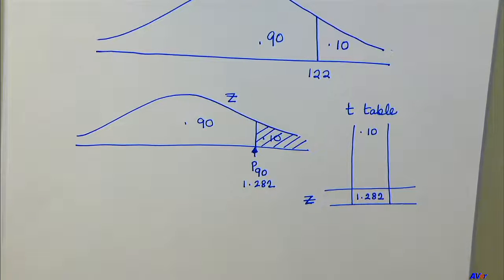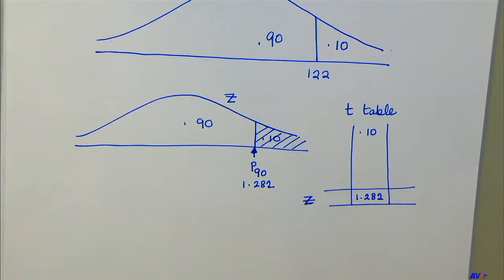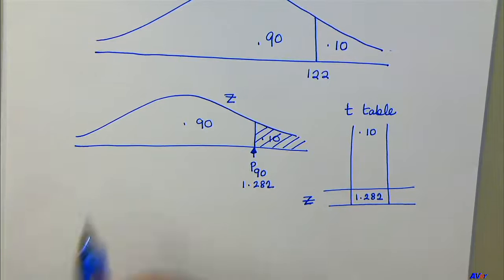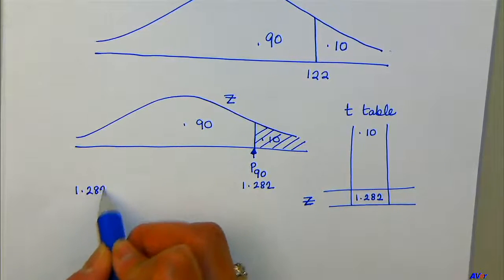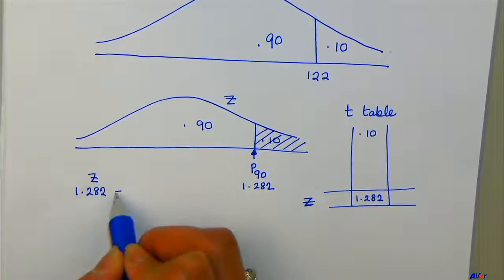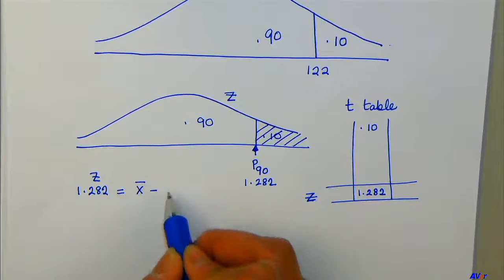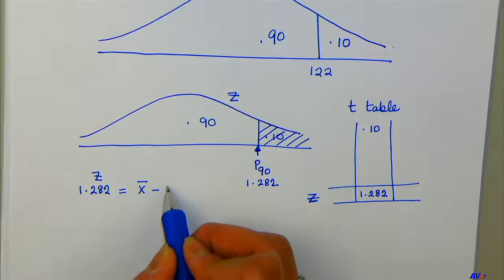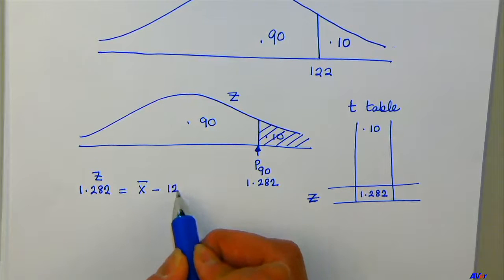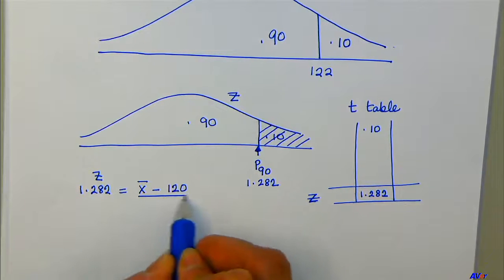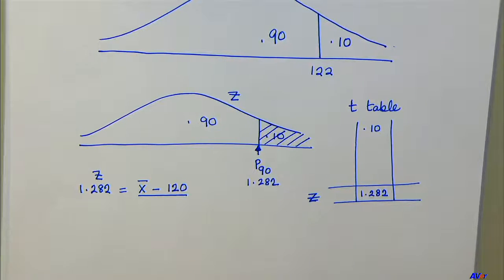So now it's just a matter of changing this 1.282 back to an X bar. So 1.282 is Z equals X bar minus mu. Mu for this problem was 120, wasn't it? Divided by what?